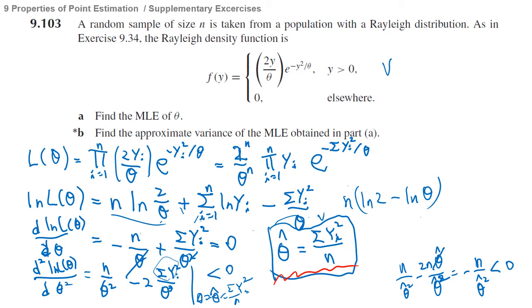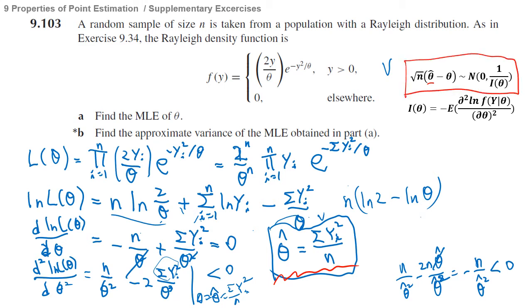And let's move on to the second part. Find the approximate variance of the MLE obtained in part A. And to calculate this thing, actually we need this. So for the MLE, it has an approximate normality condition like this, and information can be calculated as this.